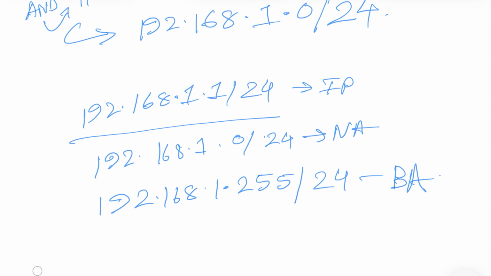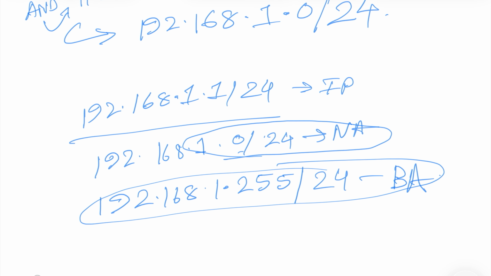Here we can understand that network address and broadcast address, these two are special from the range of this subnet. These two you cannot assign to a host. What does it mean? 1.0 is a network address which is used by the routers for their routing table, so you cannot assign this one to any host.